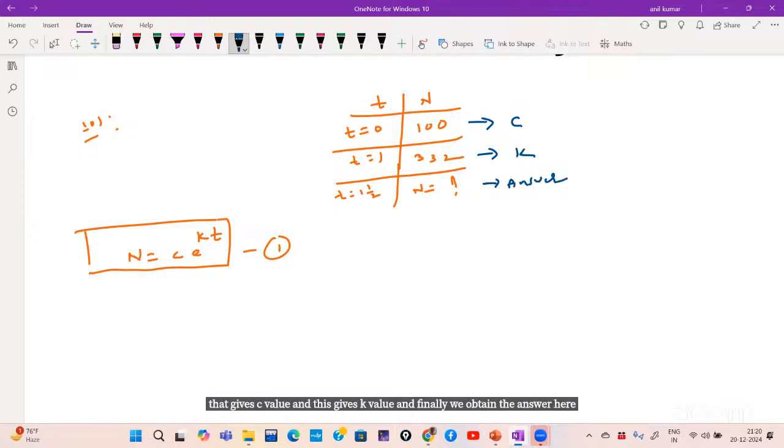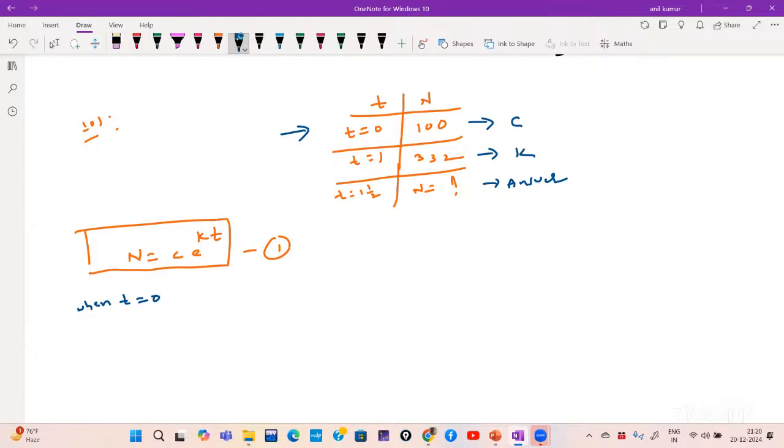Are you ready to substitute the data? Tell me, what is the first reading? Those who are listening to the class, what is the first reading? When time 0, are you in active mode? Please respond.